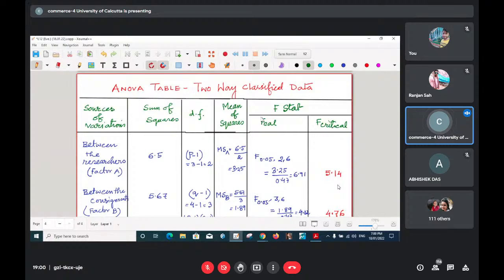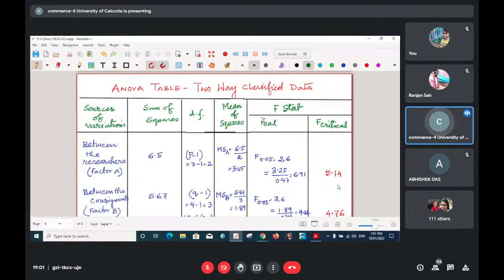First one is calculated F, and the last one is F critical or F tabulated. So sources of variations, sum of squares, degrees of freedom, mean of squares. Then the last column is divided into two parts, F statistic: calculated value of F and tabulated value of F.